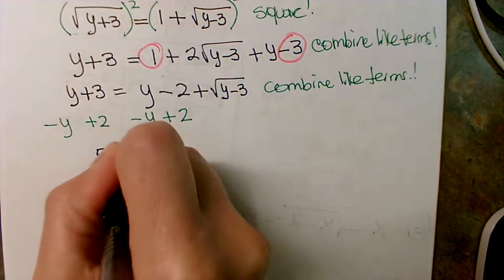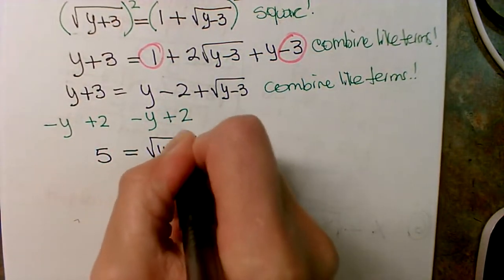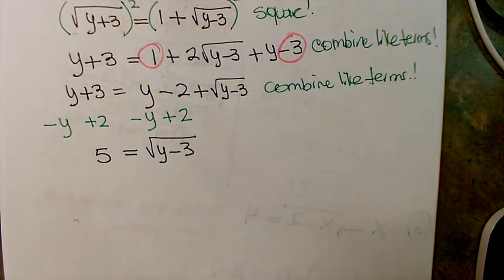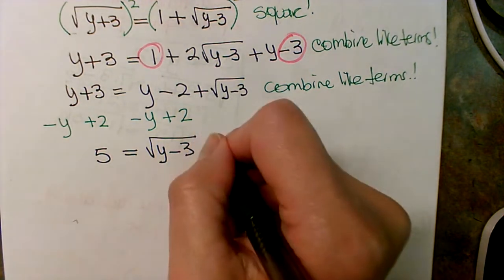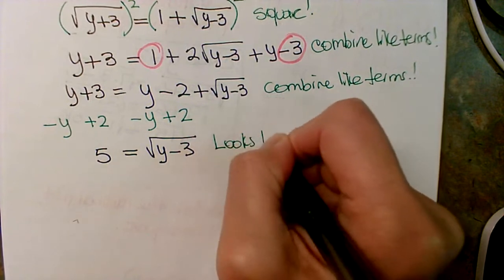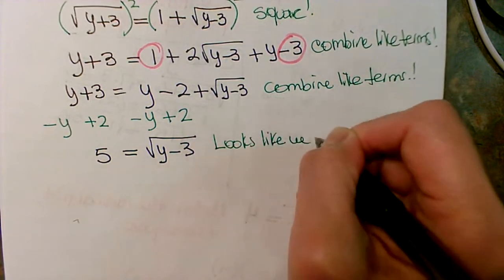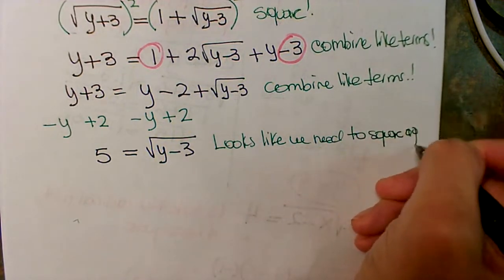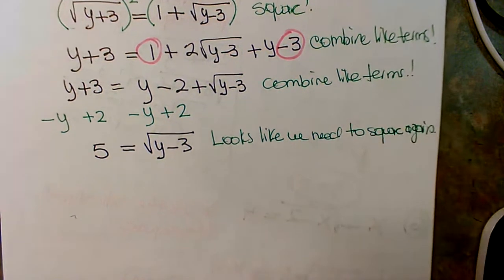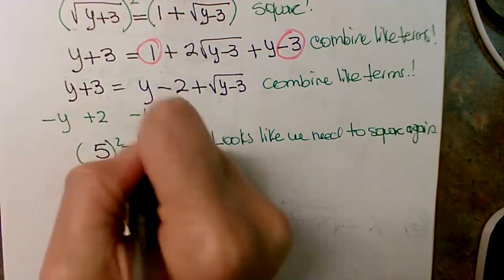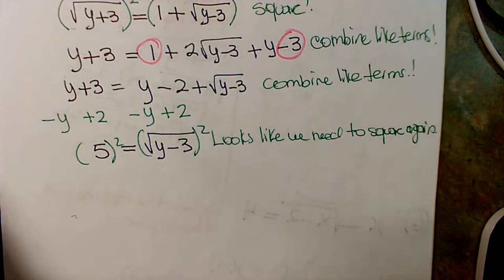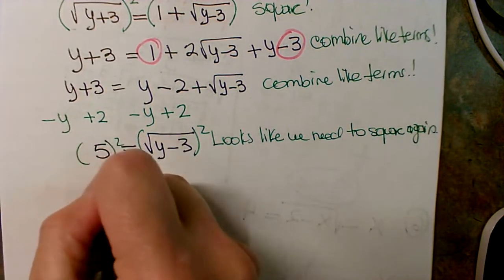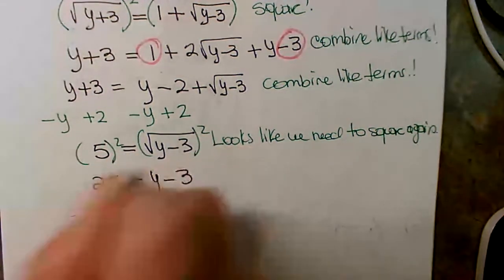So I get 5 is equal to 2 times the square root of y minus 3. And it looks like we need to what? Square again. We need to square again. So let's do it. So this is what? 25 equals to 4 times y minus 3.